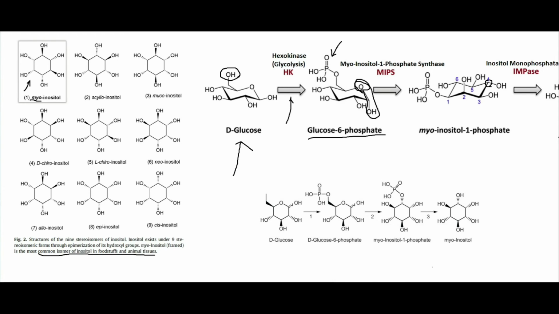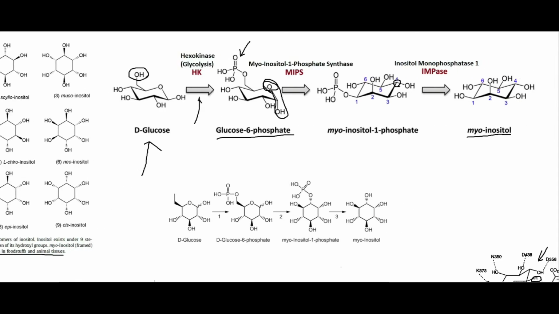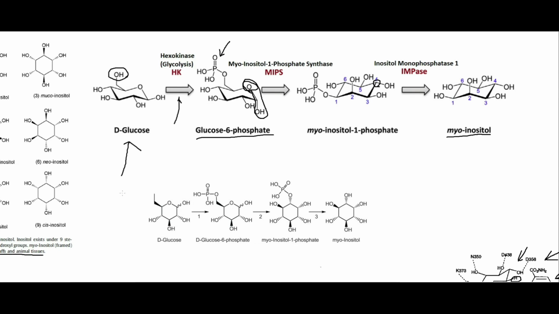But anyway, the takeaway message, I guess, is that we start with the glucose, which we get from our diet. So that's just sugar. Then this first step, hexokinase right here, which is part of glycolysis. And then this glucose 6-phosphate can get shunted off by this myo-inositol 1-phosphate synthase. And myo telling us that this is happening in the muscle.